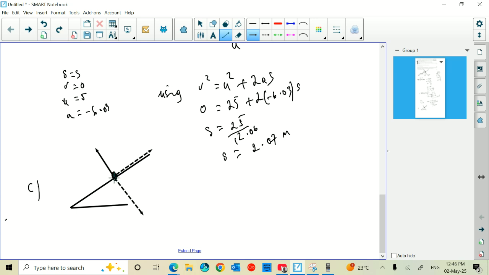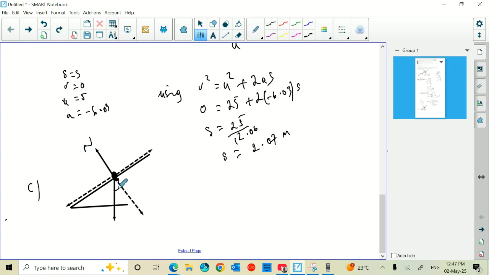Here we go, still 6g newtons. We can extend this as well, because this will be the same. So we've got everything that we need, and of course this is our normal contact.